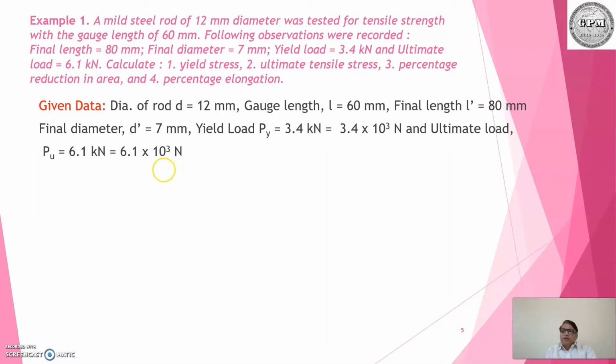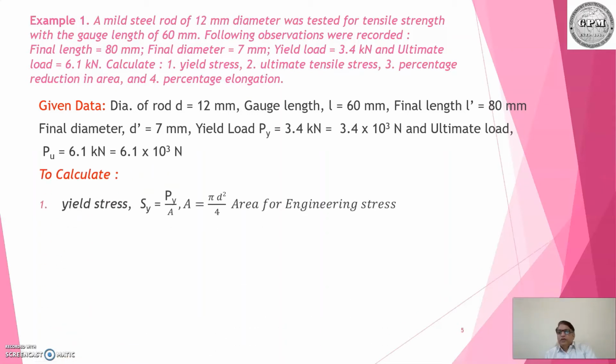Okay. So after writing the given data, you have to see if any assumed data is missing. For that you must write what is wanted from the problem, that means the things to be calculated.